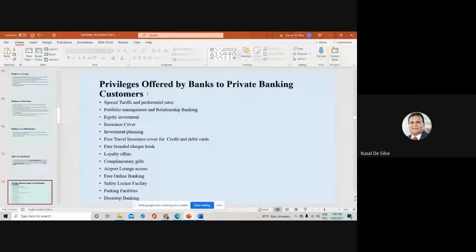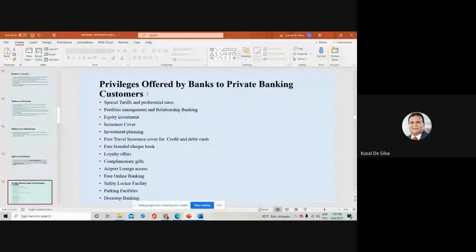Then portfolio management and relationship banking. Private banking customers have many other work as well, so they can't focus on managing each and every activity, especially the financial things. So they let the bank manage their portfolio.